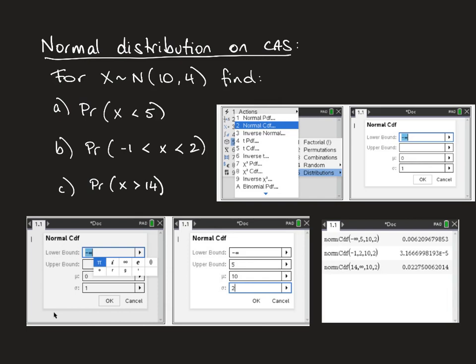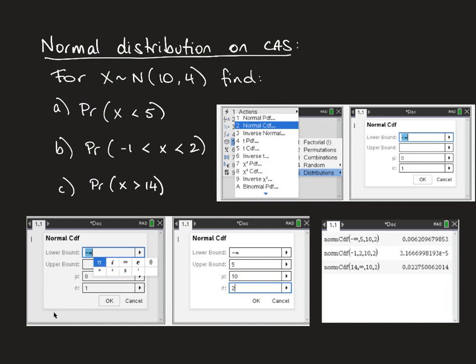So when you put the values in, if you don't have a lower bound, like question A, we've got x is less than 5, so we don't actually have a specific number that is the lower bound for our integral. And so we're actually going to use negative infinity. Now, it's already there. If you were looking for it, it's on the pi button. See it here?